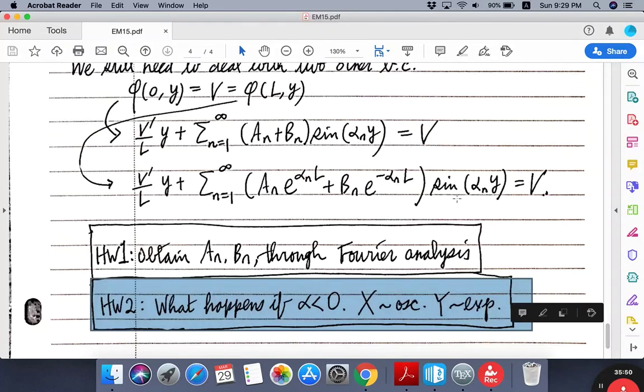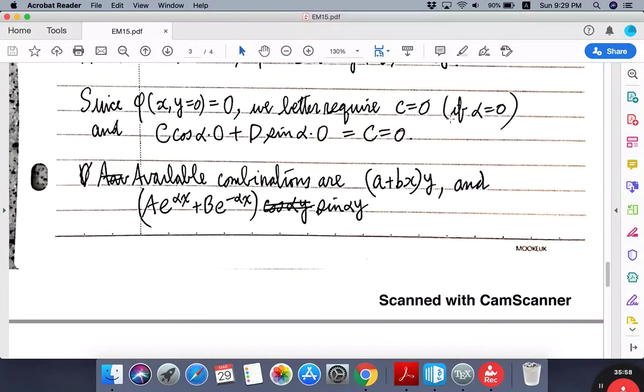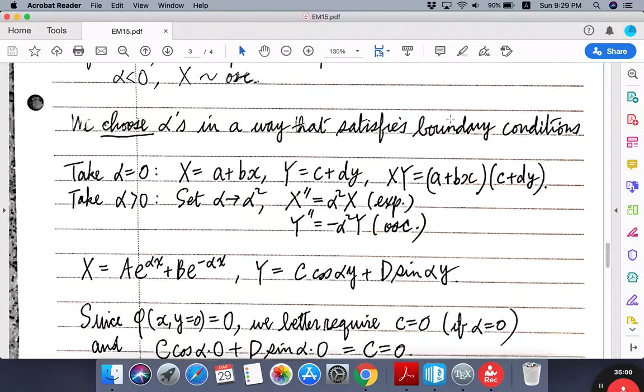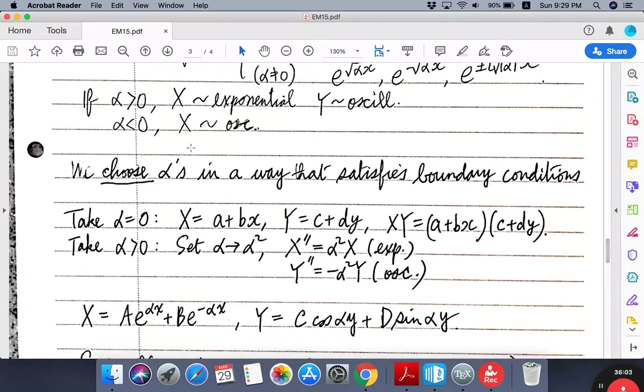This entire construct was based on the assumption that alpha was a positive number. Let's go back and see where we have made that. Yeah, here. Here we have made an assumption, somewhat arbitrarily, that alpha has to be a positive number. And it seems like we wound up successfully finding solutions that also satisfy the boundary conditions.